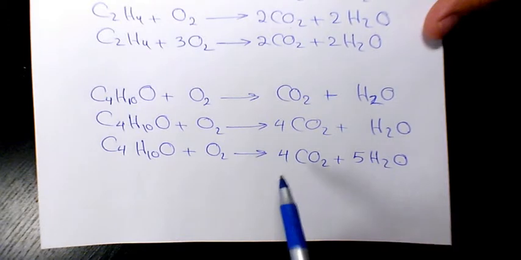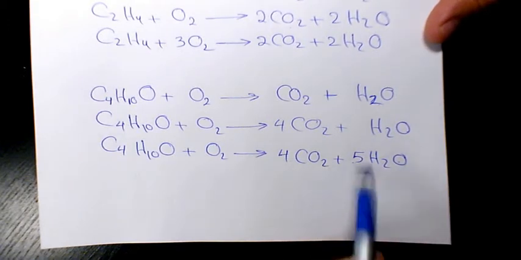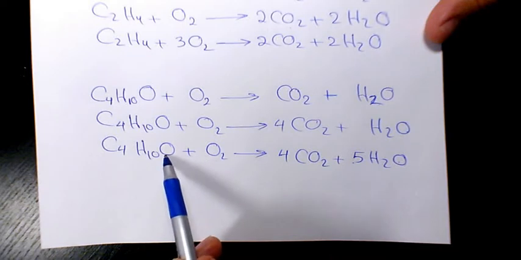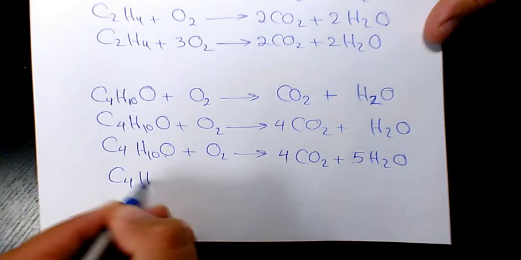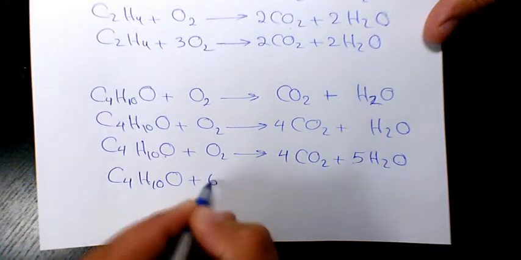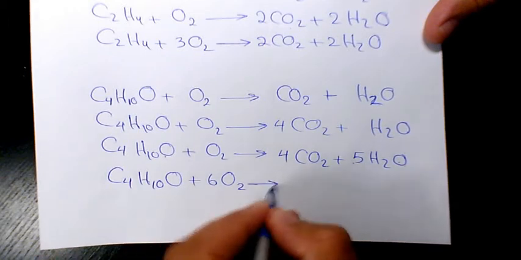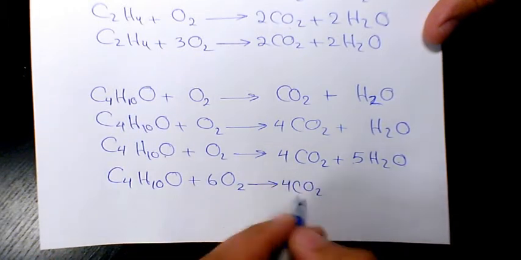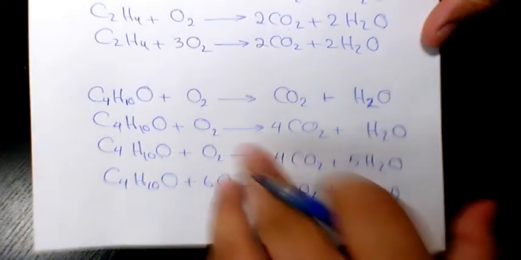What about oxygen? Oxygen, we have 4 times 2, 8, plus 5, 13. We have 1 in here, so we need 12 more. So we need to place 6 in here. So 6 times 2 is going to be 12. So 1 plus 6 times 2, 12 is going to be 13. So here we have 2 times 4, 8, plus 5 is going to be 13 as well.